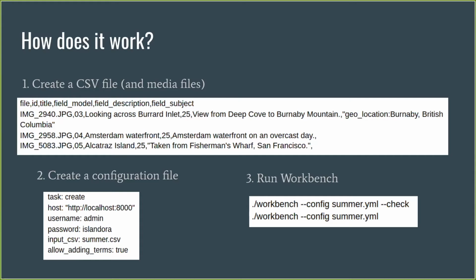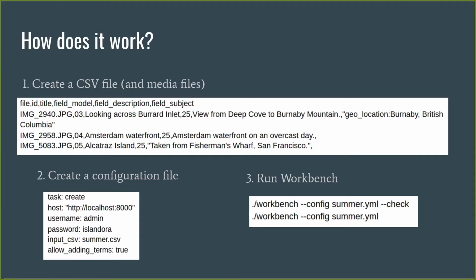But in the case, as is the case with the standard Islandora repository object configuration, the subject field is linked to 4 or 5 different vocabularies, and you're adding new vocabulary terms on the fly. So in this case, I'm adding Burnaby, British Columbia, which doesn't exist in my taxonomies, but I want to add it.